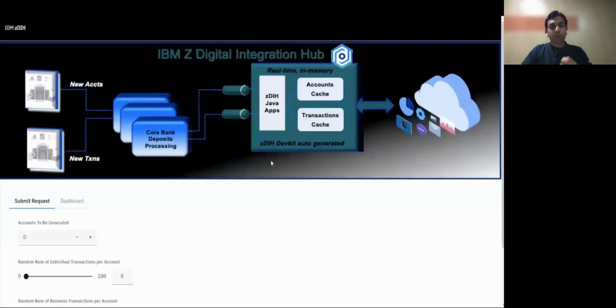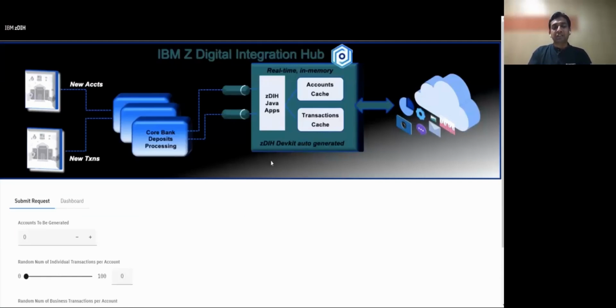In this demo, before starting, I will just explain which components are part of it. You can see here the core banking deposit processing, written in the middle. This is my mainframe CICS COBOL based application, which has the capability to create new bank accounts and to handle debit or credit transactions corresponding to those accounts.